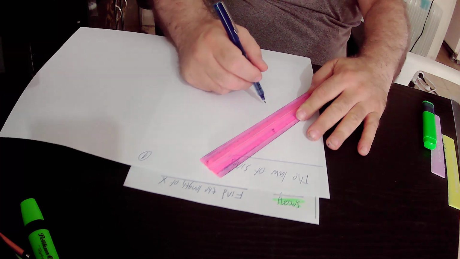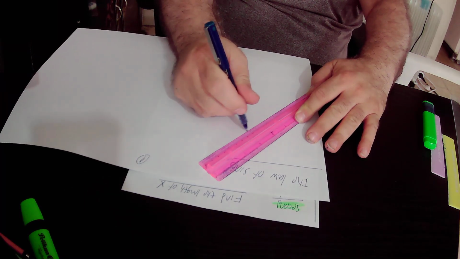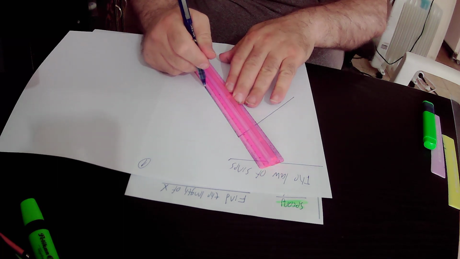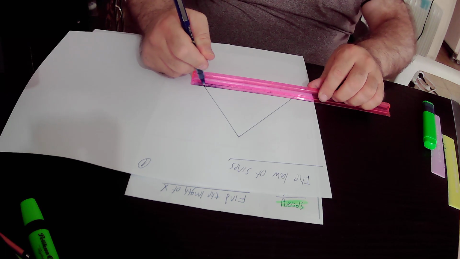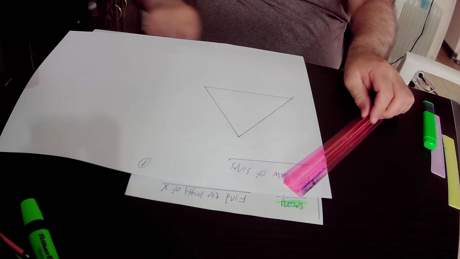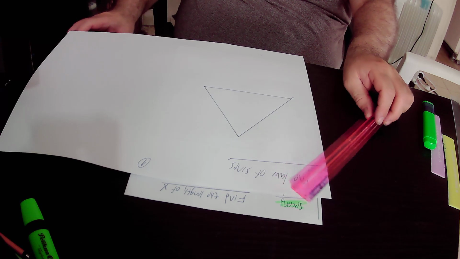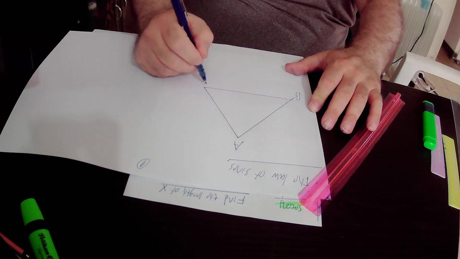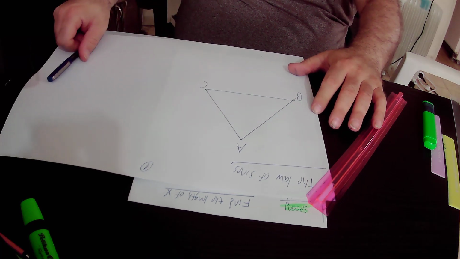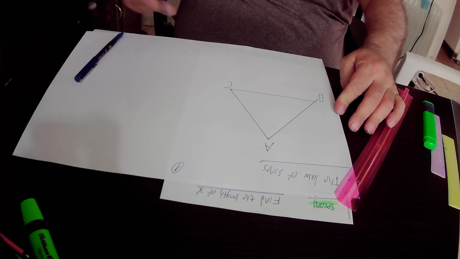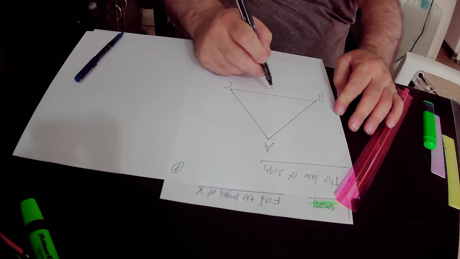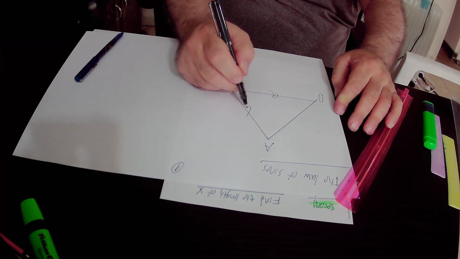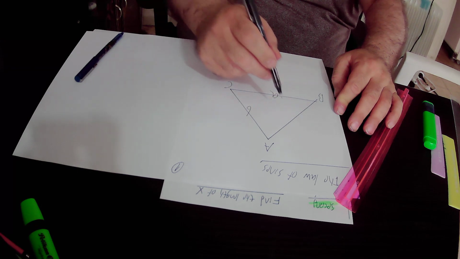So if you have triangle ABC, that could be any triangle, this is triangle ABC. And we know that side BC of triangle ABC equals A units in its length, side AC equals B units in its length, and side AB equals C units in its length.